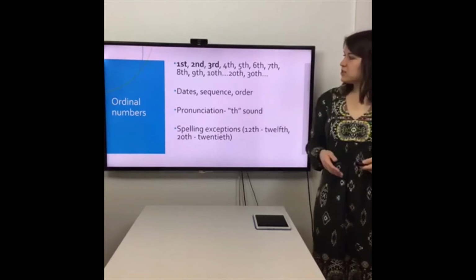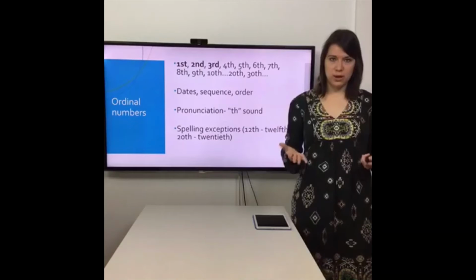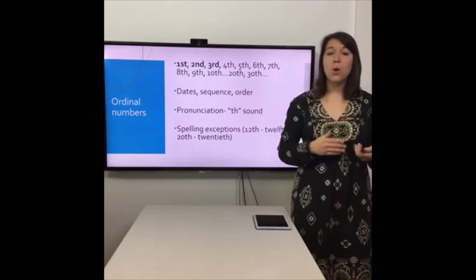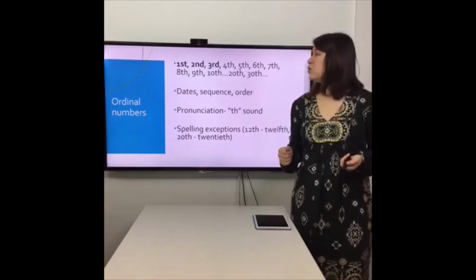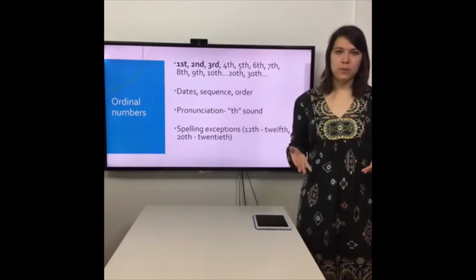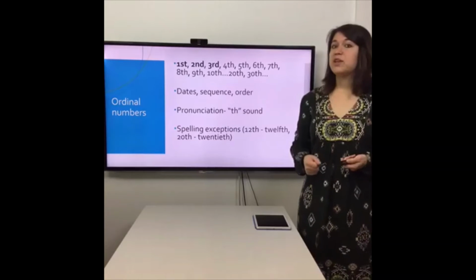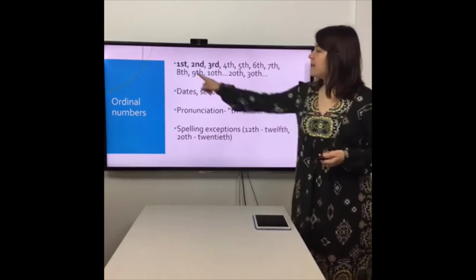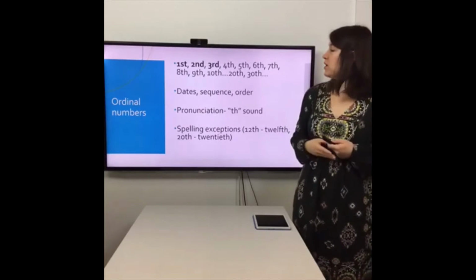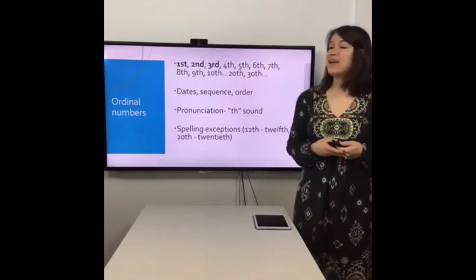Okay? Now let's talk about ordinal numbers. When you want to talk about the order of something or a date, we use ordinal numbers. So, how do we form ordinal numbers? With the number 1, you add an ST: first. With the number 2, you add an ND: second.